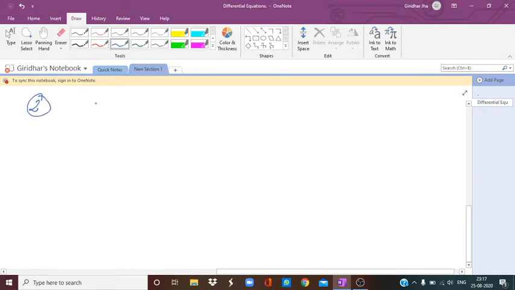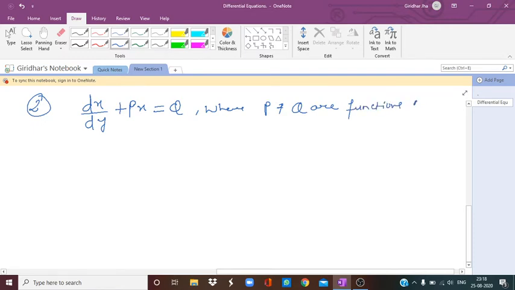The second form of a linear differential equation is dx upon dy plus px equals q, where p and q are functions of y or constants.